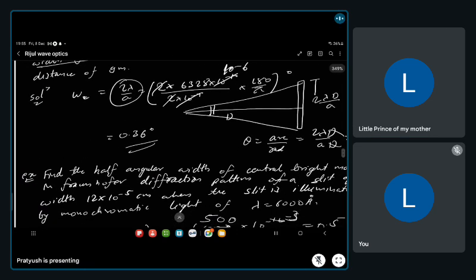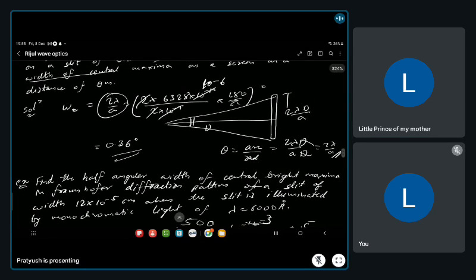Now see this next question. Try to solve it in a little less time. Find the half angular width of the central bright maxima in a Fraunhofer diffraction pattern. Fraunhofer diffraction is the same diffraction which we have seen; single slit diffraction is Fraunhofer diffraction. The slit has a width of 12 into 10 to the power minus 5 centimeter, illuminated by monochromatic light of wavelength lambda 6000.